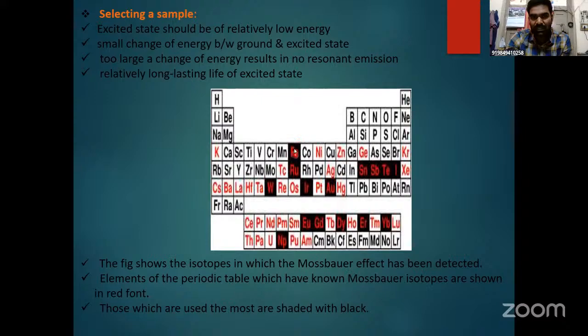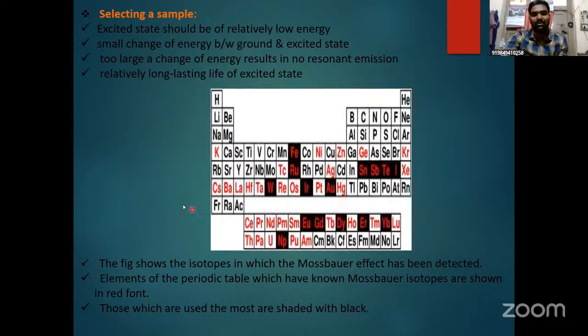Mostly we will use the black-shaded red font elements in Mossbauer spectroscopy.